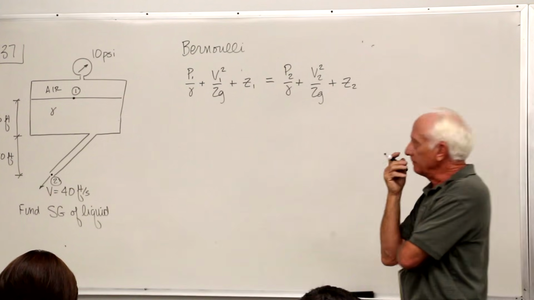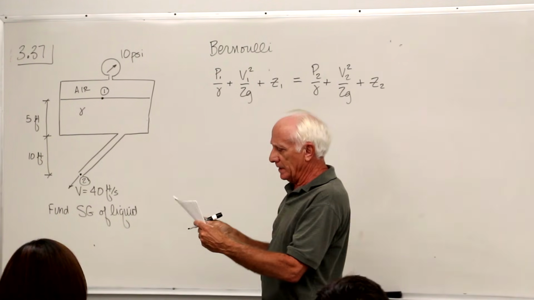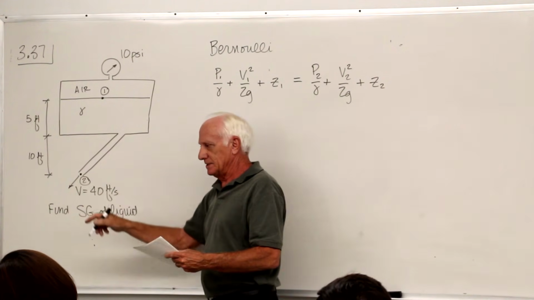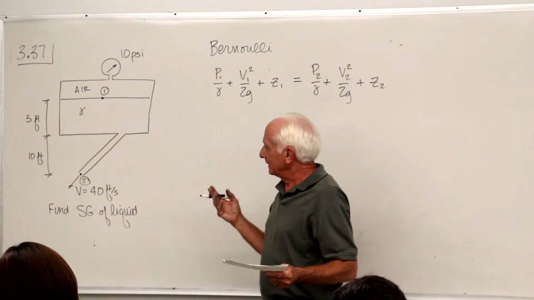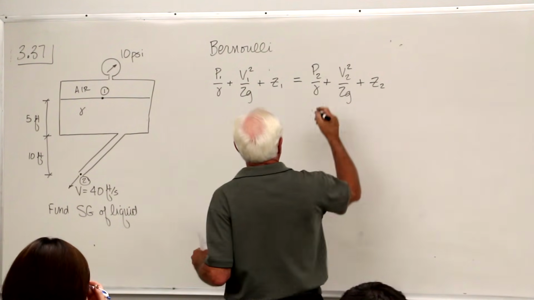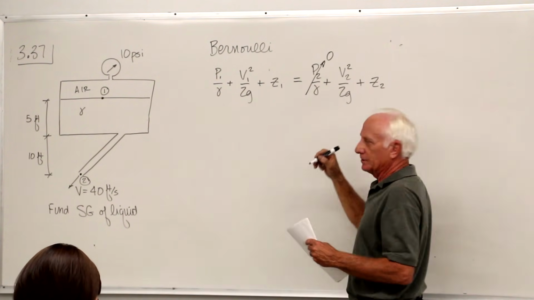All right, let's put the 0 stuff in first. P2, exhaust to atmosphere. Why do I know that? It shows in the picture. It shows the pipe ending and the velocity vector coming out of that pipe. That means you always assume in that situation that it's exiting to atmospheric pressure. Okay. P2, 0. I'm going to call Z2 0.